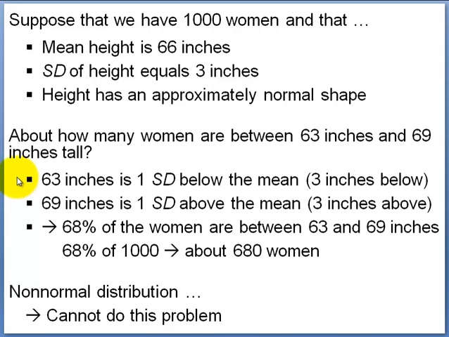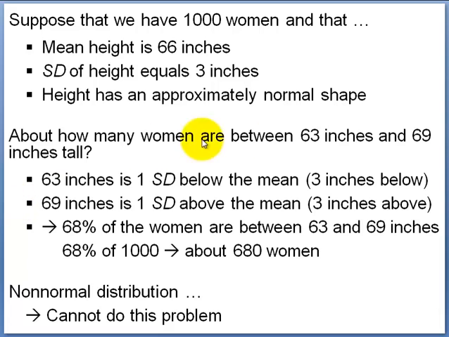A standard deviation is 3 inches, so if we subtract 3 inches, 63 inches is one standard deviation below the mean. And using the same logic in a positive direction, 69 inches is 3 inches above 66. It is one standard deviation above the mean.